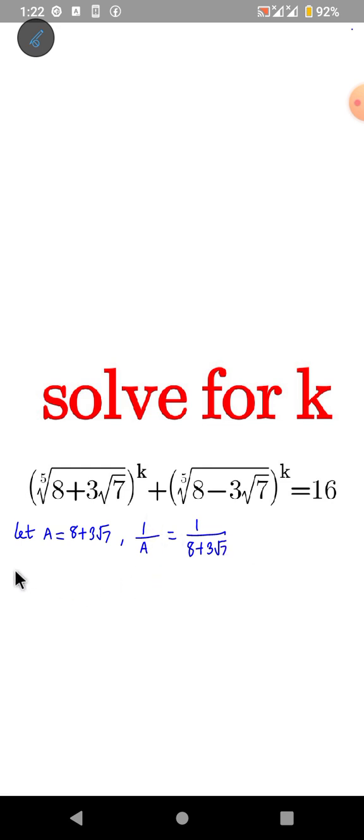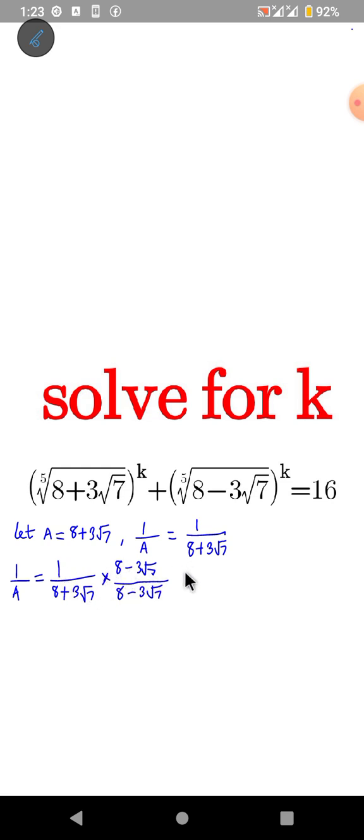Then 1 over A again will be equal to, I'm going to rationalize this: 1 all over 8 plus 3 root 7 multiplied by the conjugate, which is 8 minus 3 root 7, all over 8 minus 3 root 7. So I multiply both the numerator and the denominator by its conjugate.